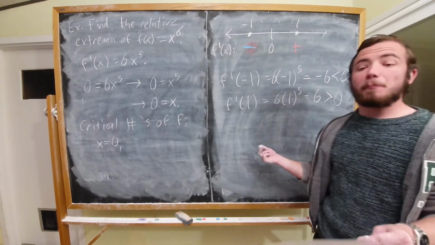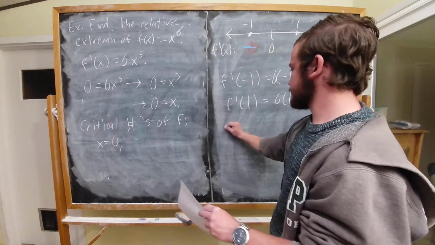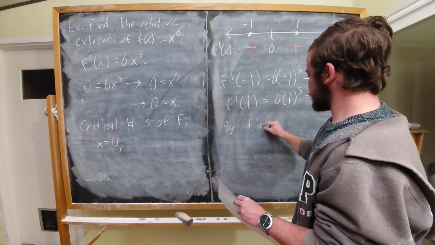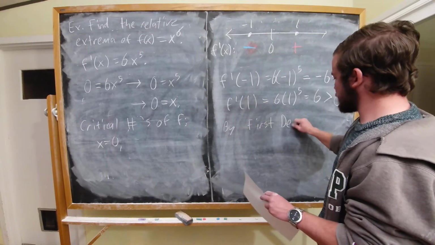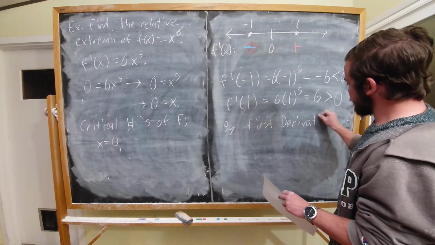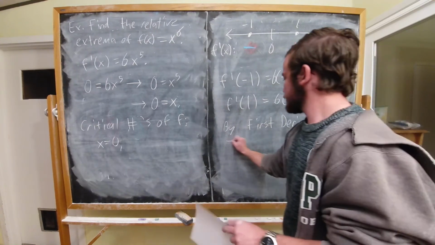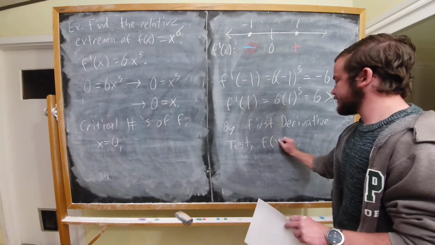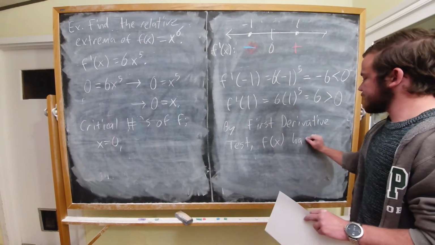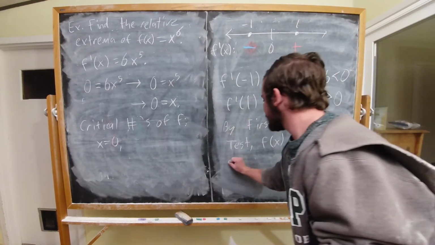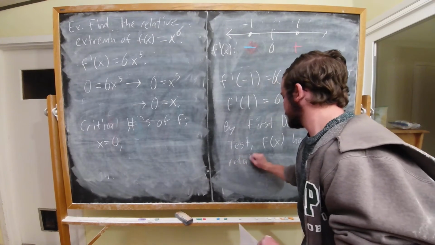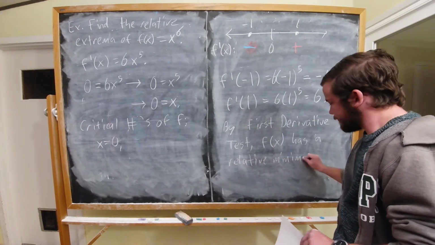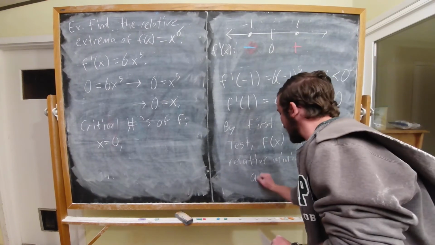Now by the first derivative test, f of x has a relative minimum at x equals 0.